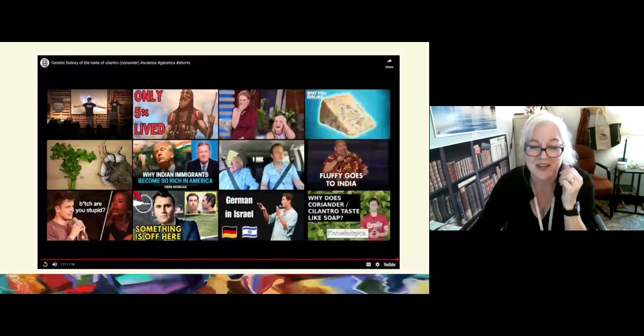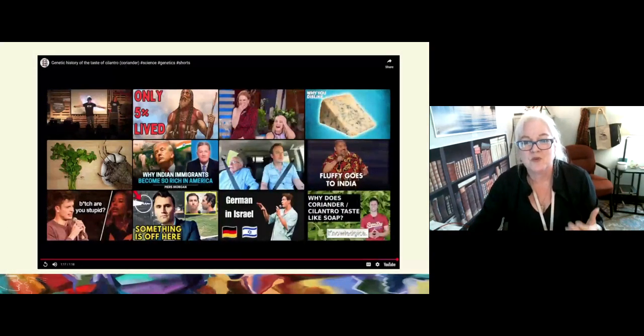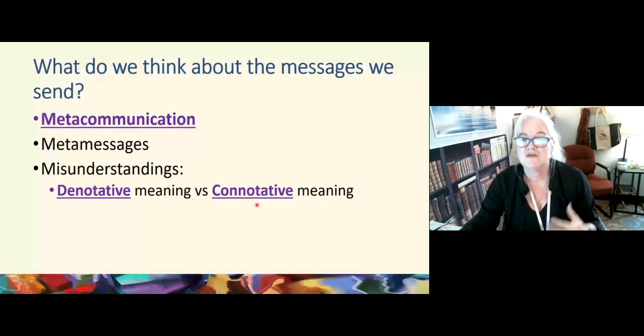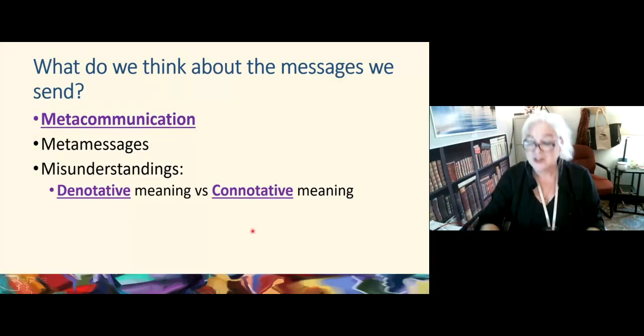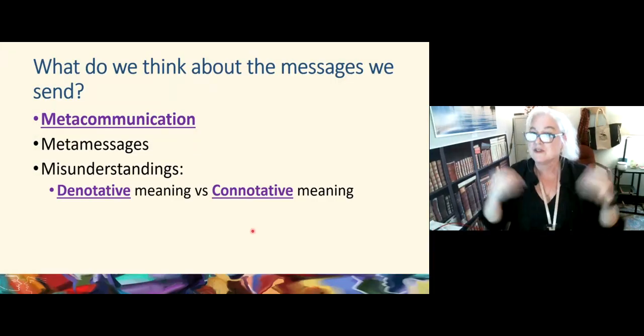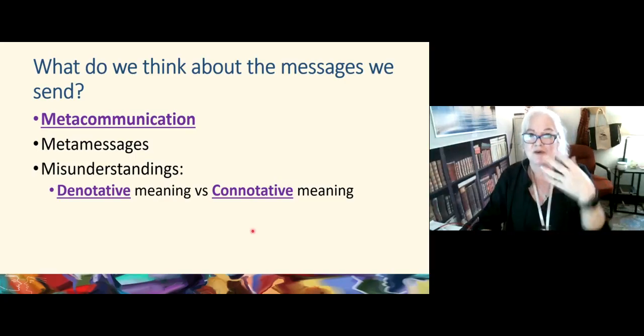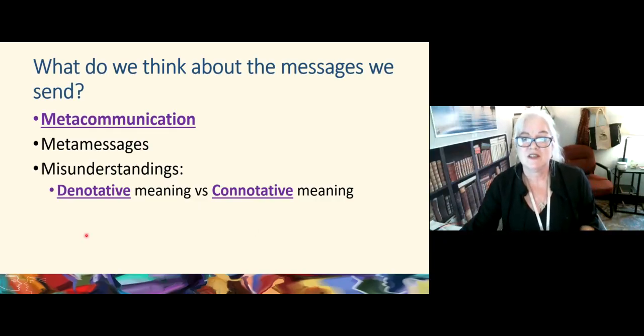Okay, so you get the point. So when we're looking at denotation versus connotation, the example he gave, of course, was coriander, which is the other name for cilantro, which is what most of us call it down here in South Texas. And if I were to ask you to define cilantro, some of you might just give me a denotative meaning.